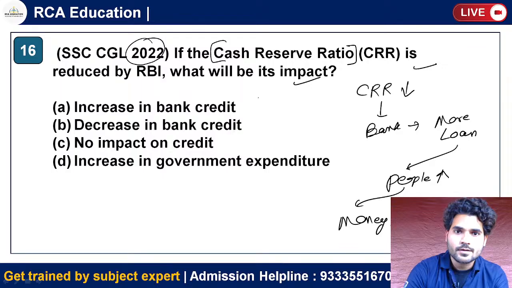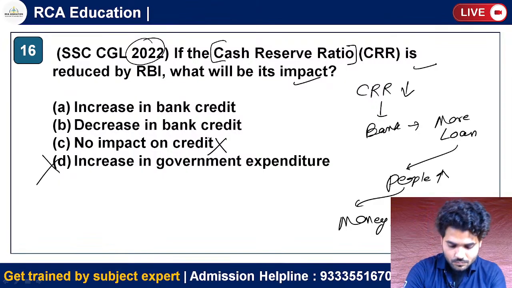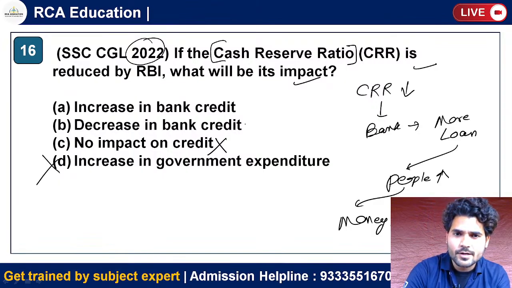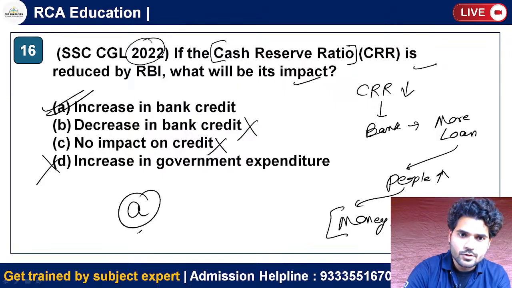What will be the impact? Increase in bank credit, decrease in bank credit, no impact on credit, or increase in government expenditure? No impact, no. Decrease in bank credit, no. Loans are increasing, people are taking more and more loans. So the correct answer is option number A.